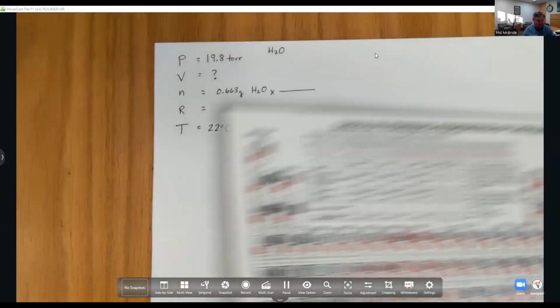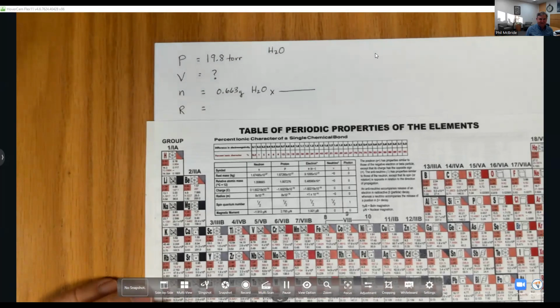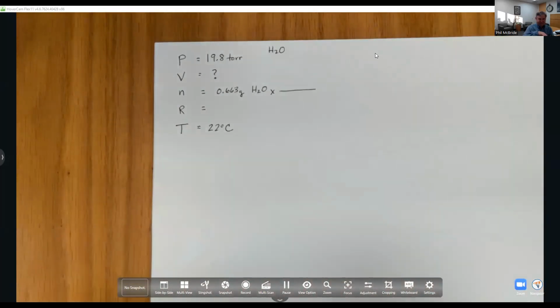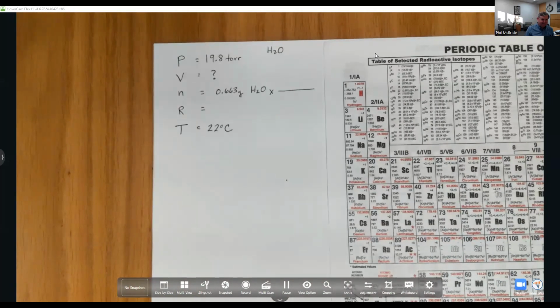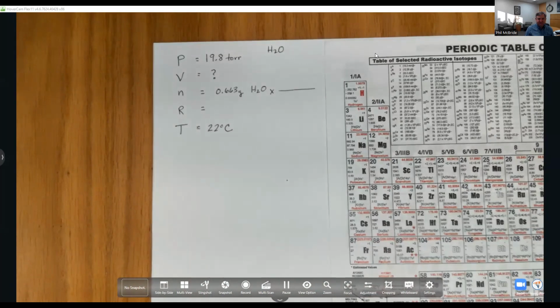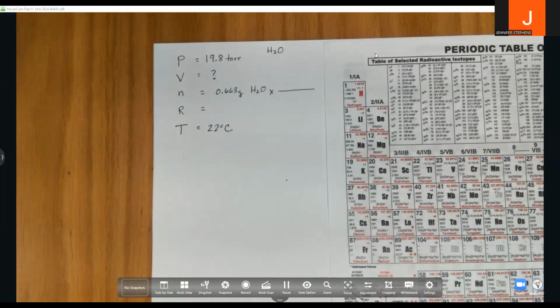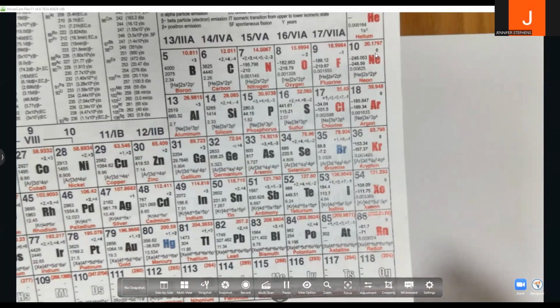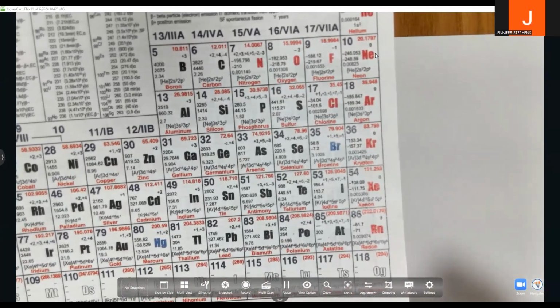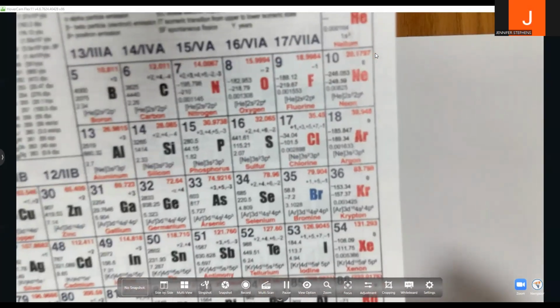All right, so how do I do it? How do I change grams into moles? Find the molar mass. What is the mass of hydrogen? 1. And oxygen? 16.